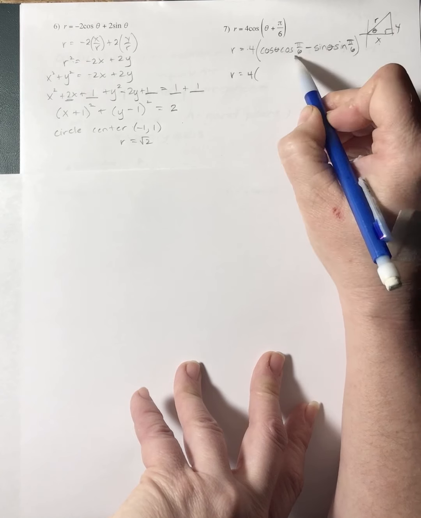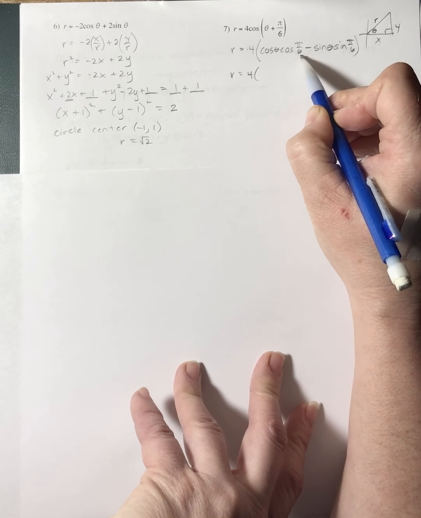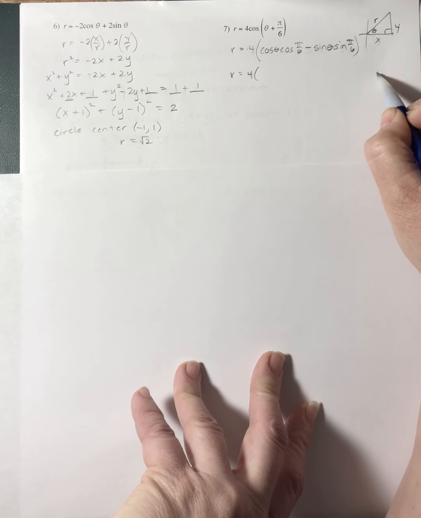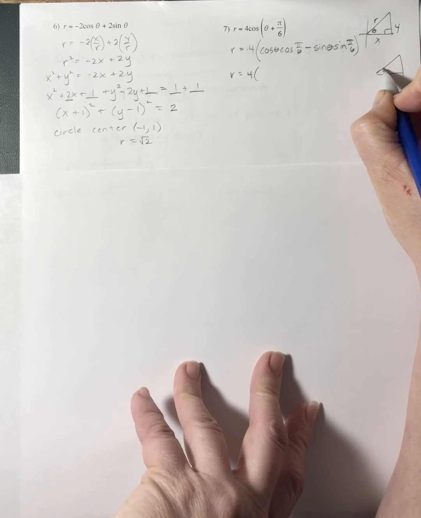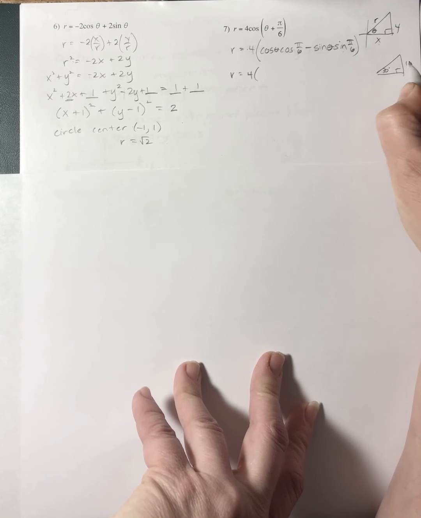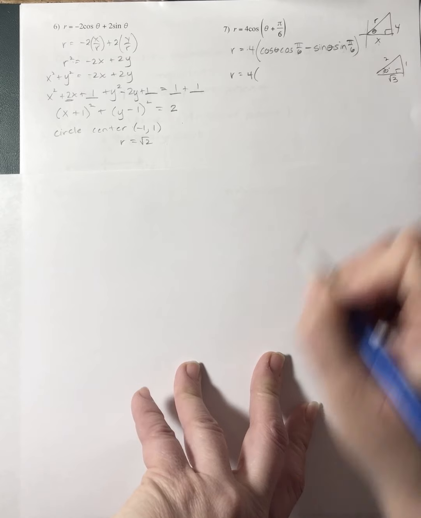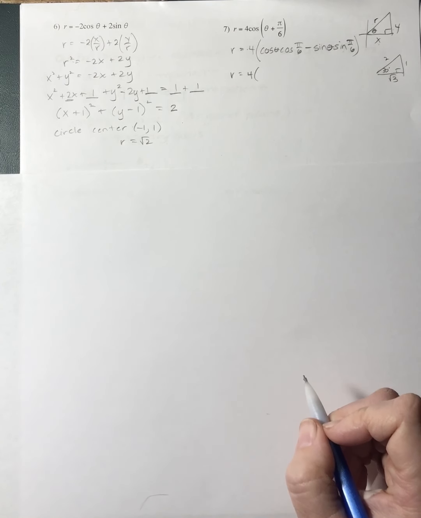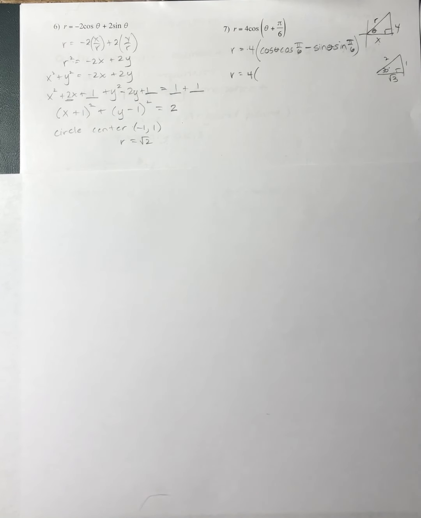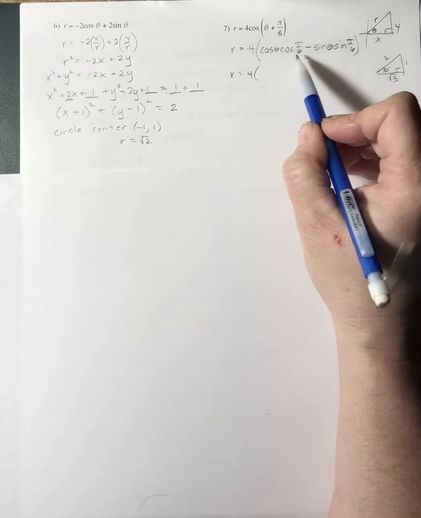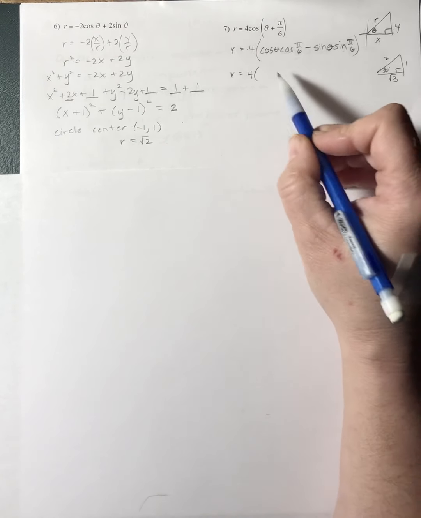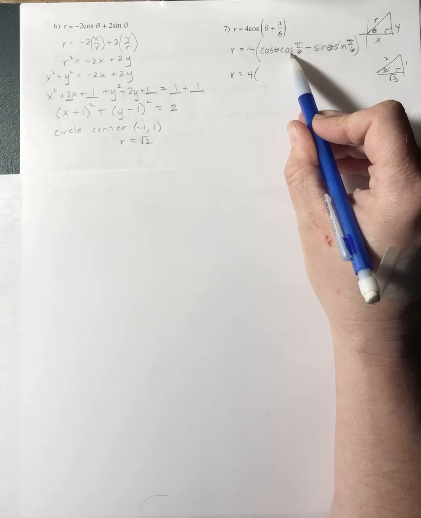Again, if you don't remember cosine of pi over 6 or cosine of 30, sine of pi over 6, sine of 30, draw yourself a triangle. Pi over 6 is 30 degrees. This is 1, 2, square root of 3, which is the same as what we had on the other page, only this is in radians, not in degrees. Cosine of 30 is square root of 3 over 2.